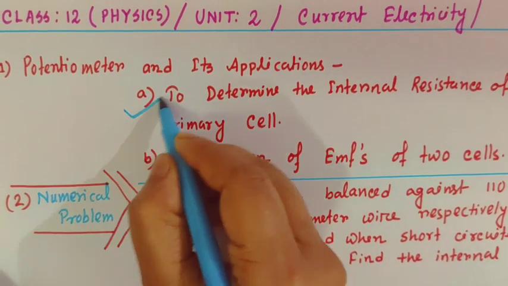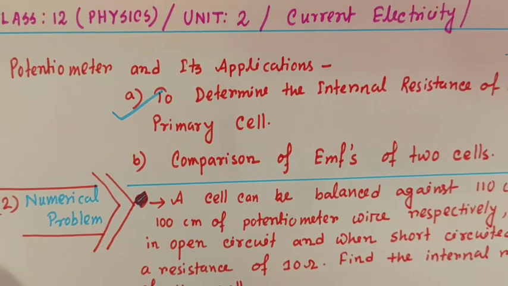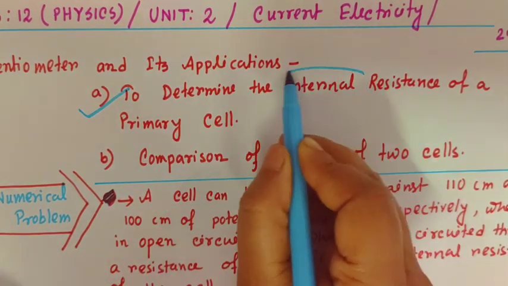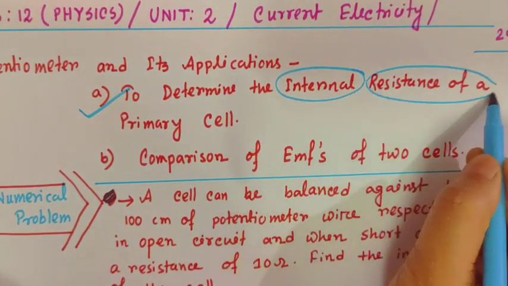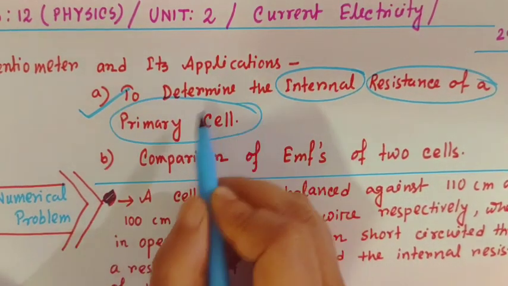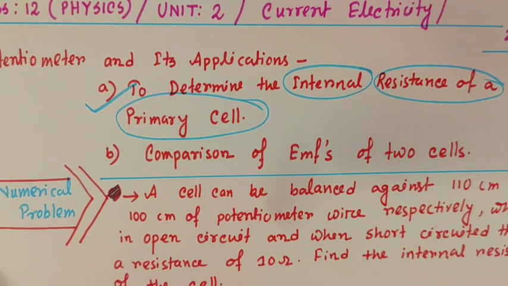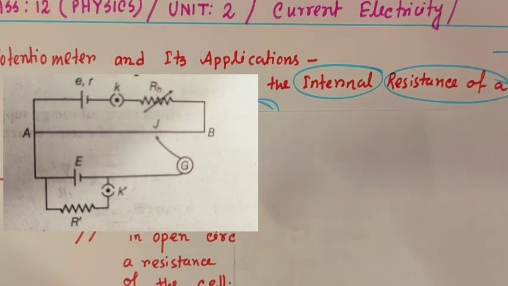Okay, next come to this point. Using the potentiometer, how we can determine the internal resistance of a primary cell. See this figure.